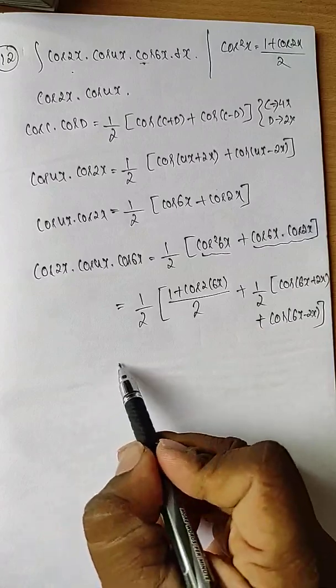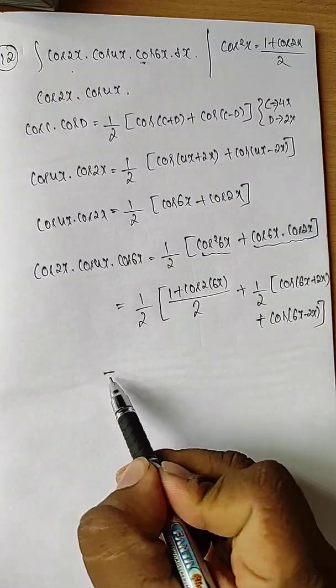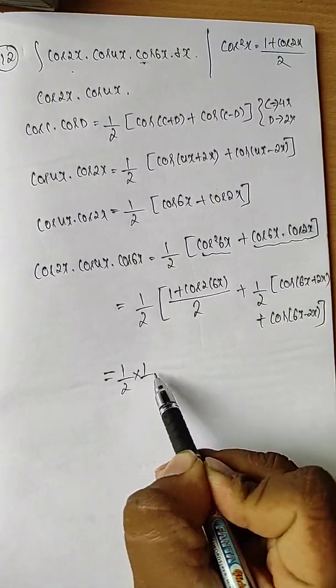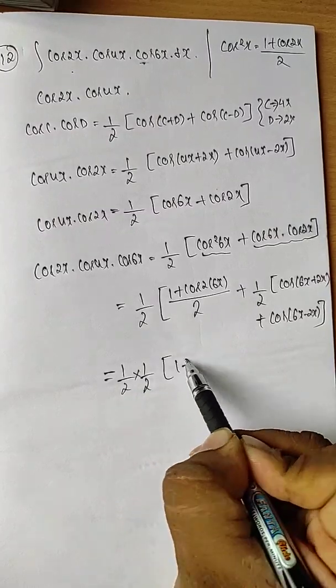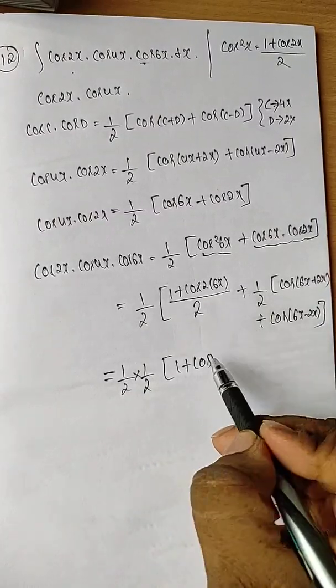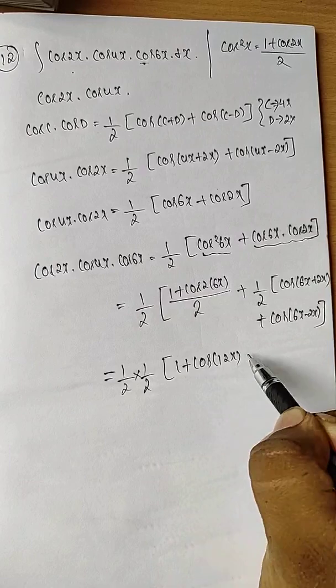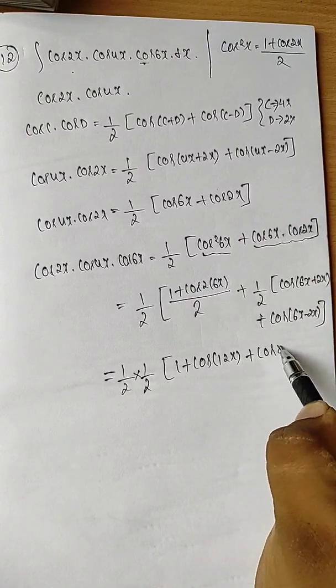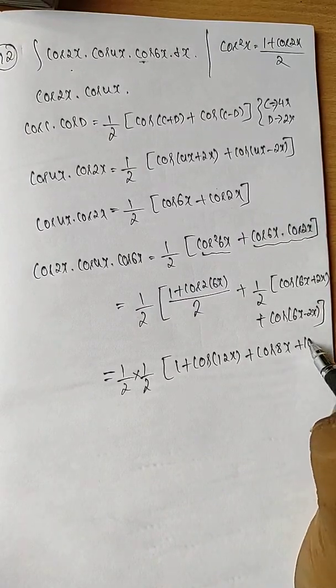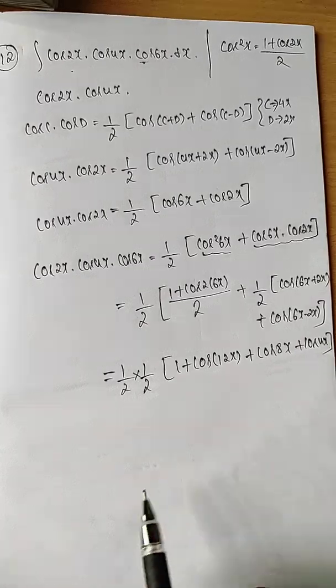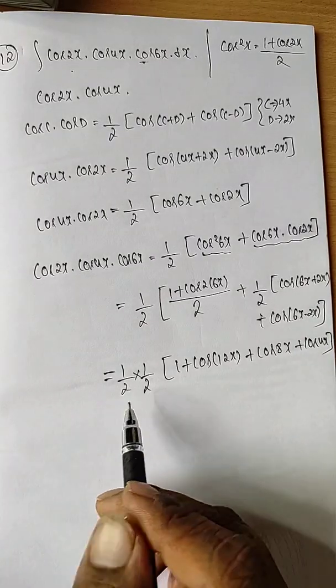Is it clear? So this is equal to, taking 1 by 2 as common, 1 by 2 into 1 by 2 [1 plus cos 2 into 6x, which is cos 12x, plus cos 8x plus cos 4x]. Is it clear?